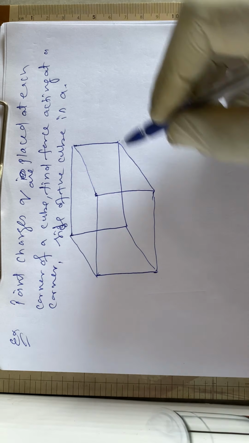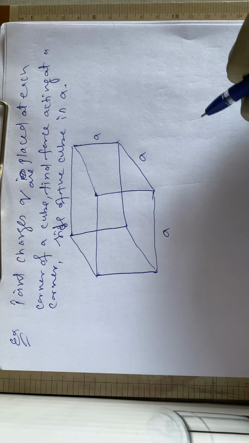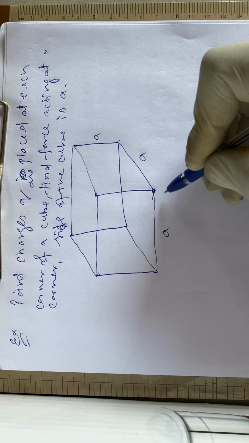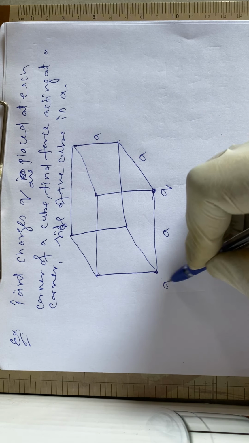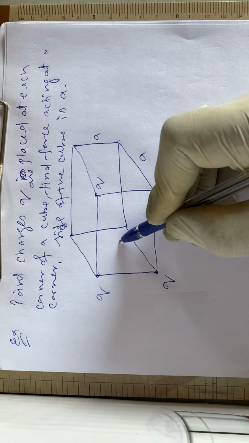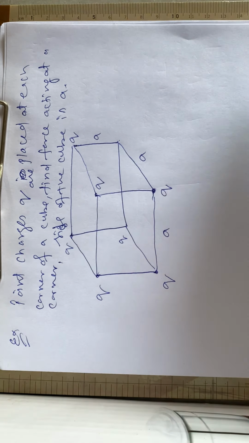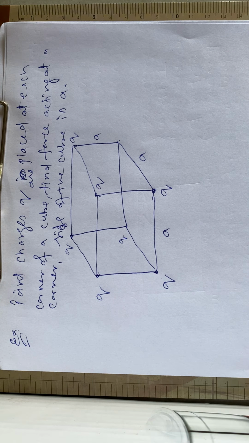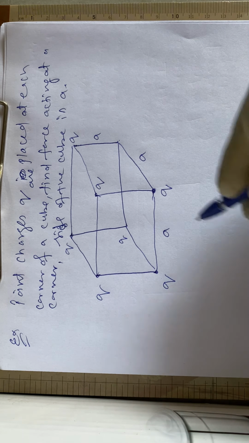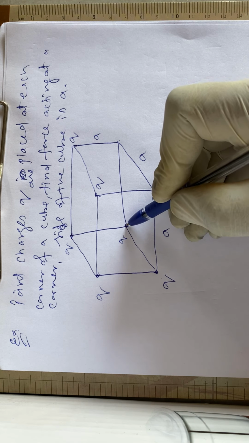Say this is a cube of side A. The question says point charges Q are placed at each of its corners. Now we want the force acting at any corner. Again, by my trick, let us say we want to write the force acting on this point charge q.